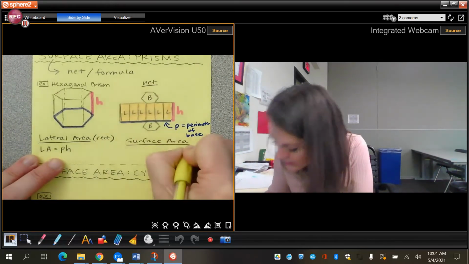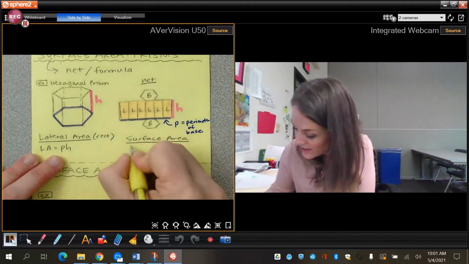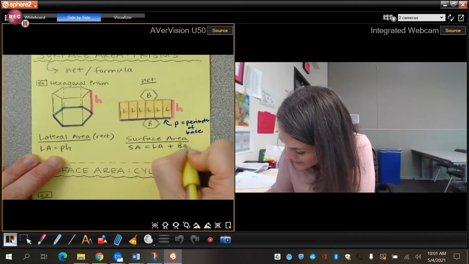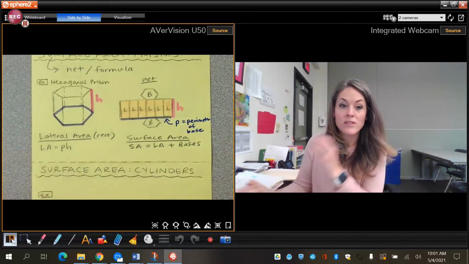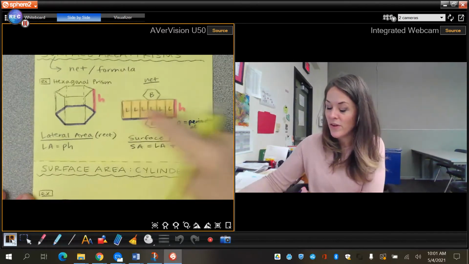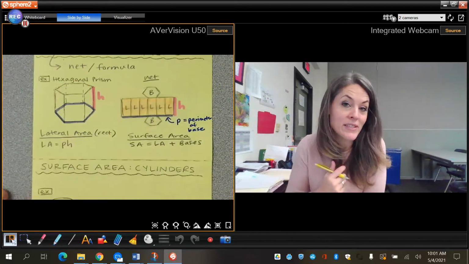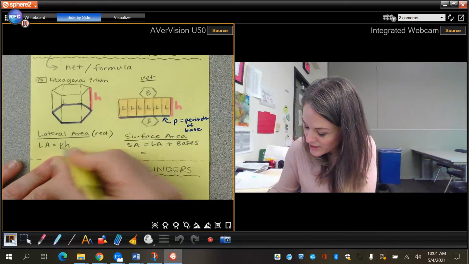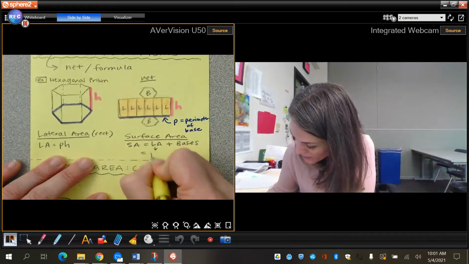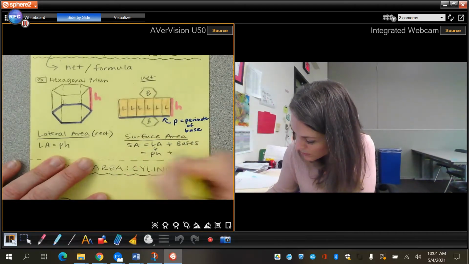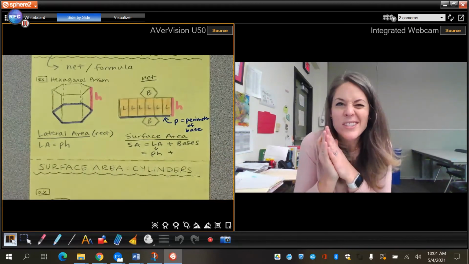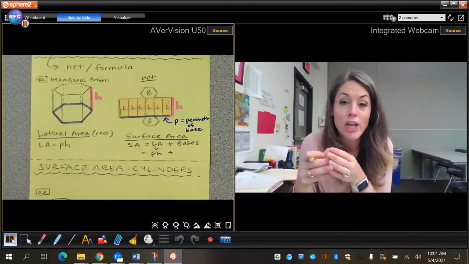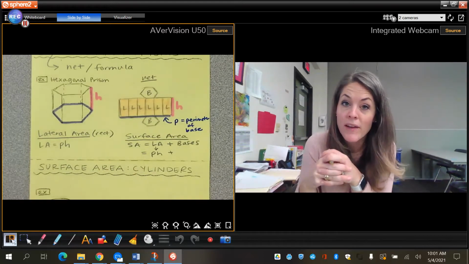So what surface area is, is lateral area plus the bases. For complete surface area, you have to take the lateral area, but then you have to add the bases on. So here, lateral area is P times H, right? So I'm just going to do P times H plus, here's the hard part about the formula, the area of the base changes depending on what shape you have as the base.